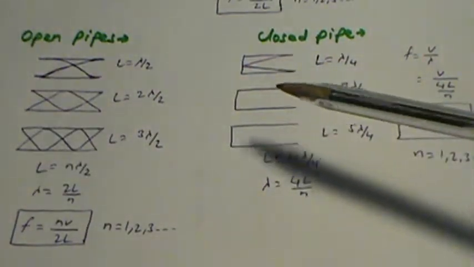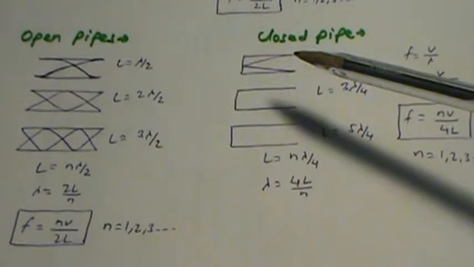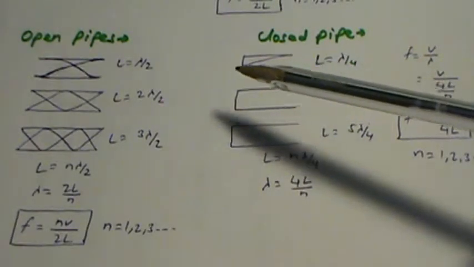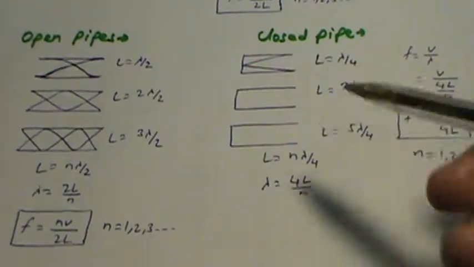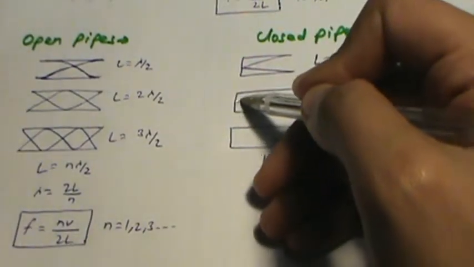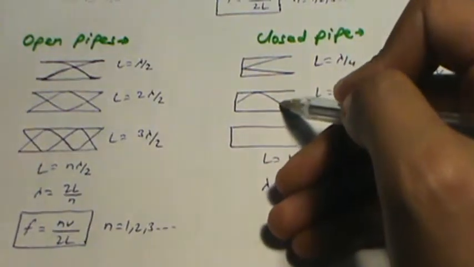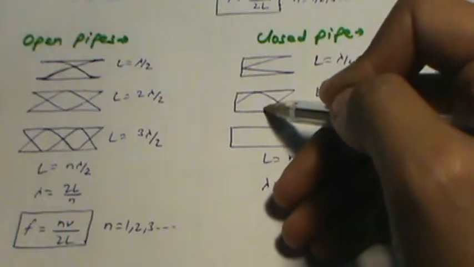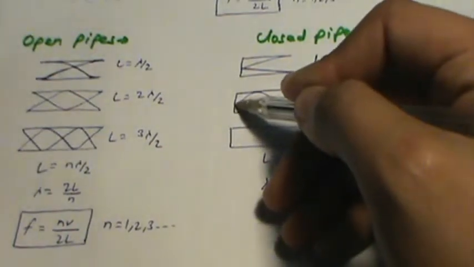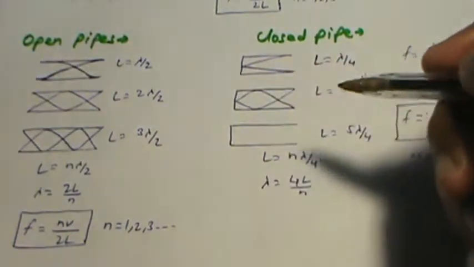Now let's try to draw for this. One thing is, you always need an antinode on the open part and a node on the closed part. So let's draw. For this case it's going to look something like this. It's going to go up and then it's going to come down. It's going to touch here and then it just goes to the middle. Again, there has to be a node at this closed end.